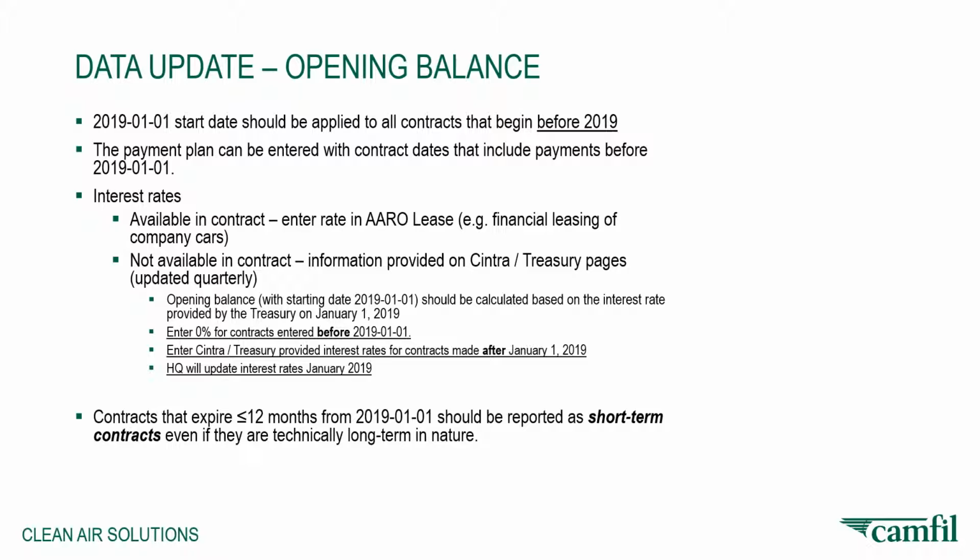If the interest rates are not available in the contract, then the Sintra Treasury pages will advise on a quarterly basis. Opening balance with a starting date of January 1st, 2019 shall be calculated based on the interest level provided by the Treasury on that date. You can enter 0% interest rate for contracts entered before January 1st, 2019.